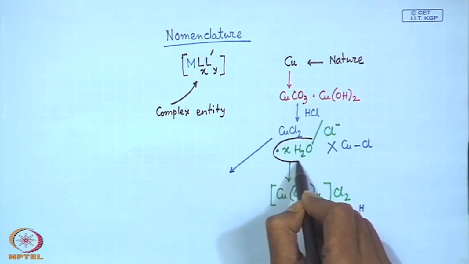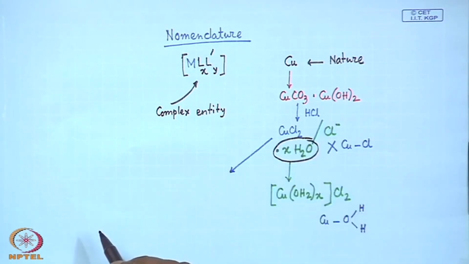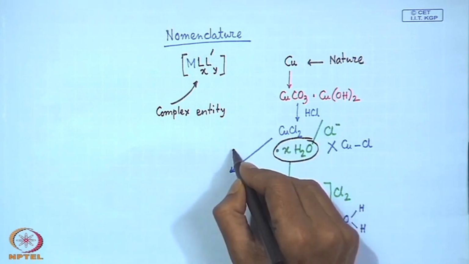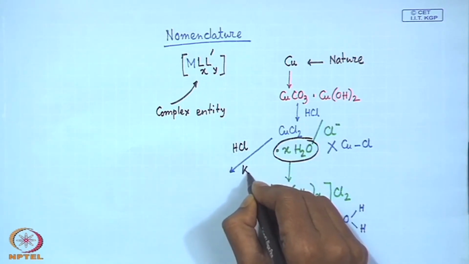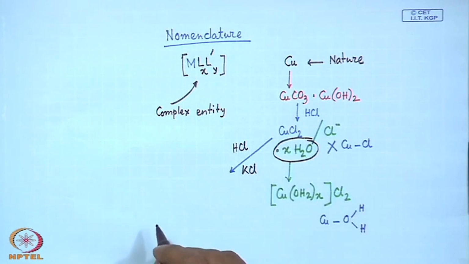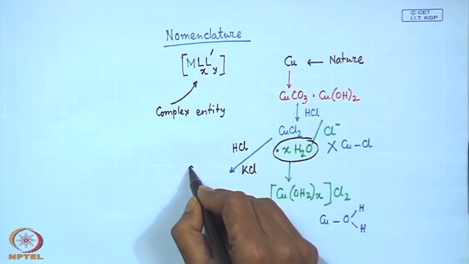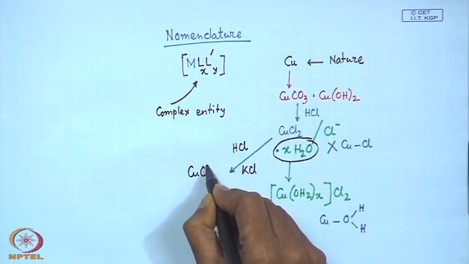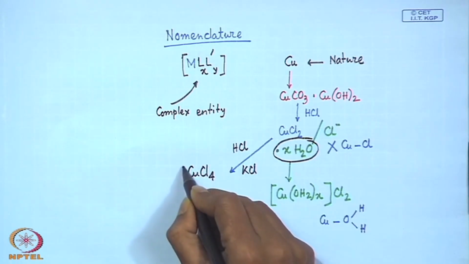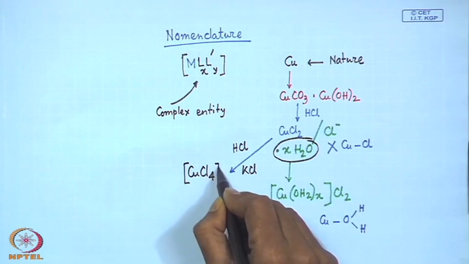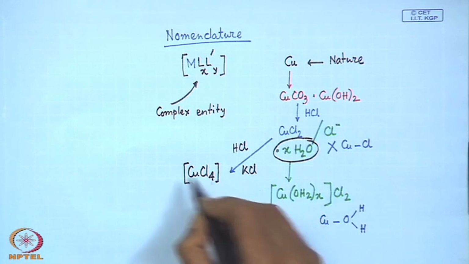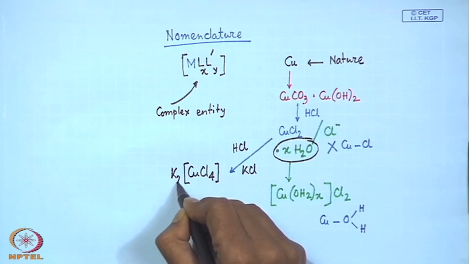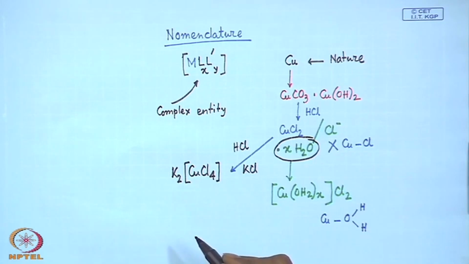So, if we just go for the corresponding anhydrous form and we just supply some amount of say hydrochloric acid or the corresponding potassium chloride or any other salt, whether we should be able to form a corresponding compound like CuCl4, which will have 2 negative charge, and if potassium chloride is supplied, we will be getting as K2CuCl4 salt.